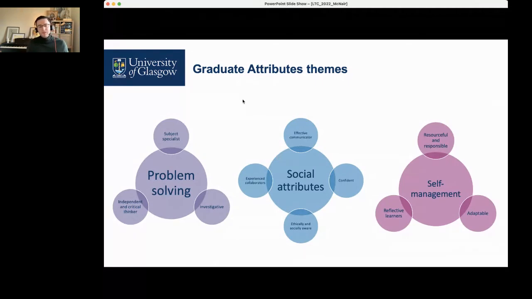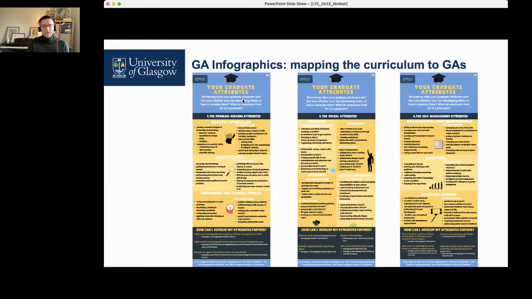And we used those themes to develop infographics, and here we've got the infographics. We developed 3 infographics around those themes. Here we've got the undergraduate infographics, and we developed the same for our postgraduate students, which I won't show because they're fairly similar in format. For each infographic, we state what theme we're looking at in terms of the attributes.